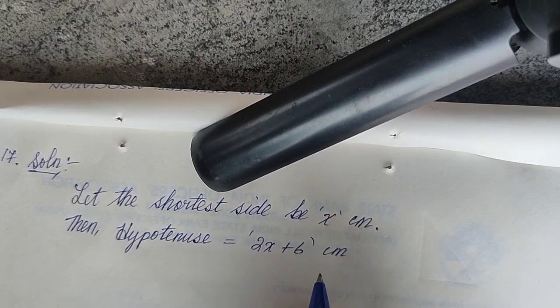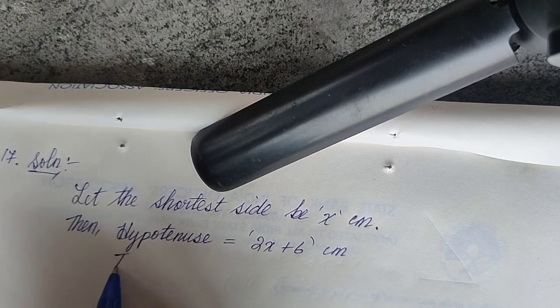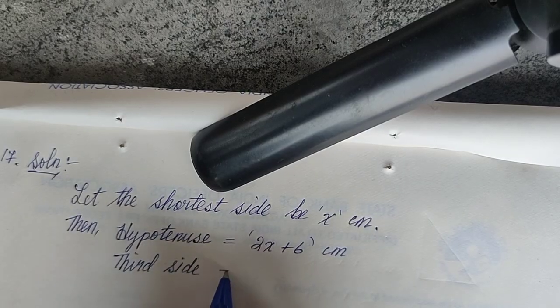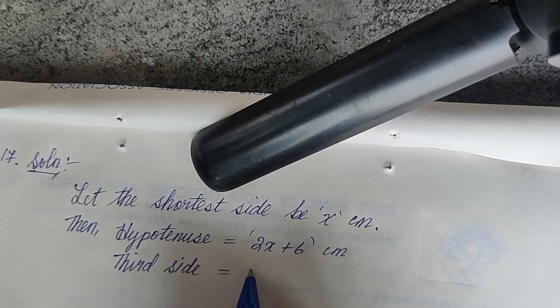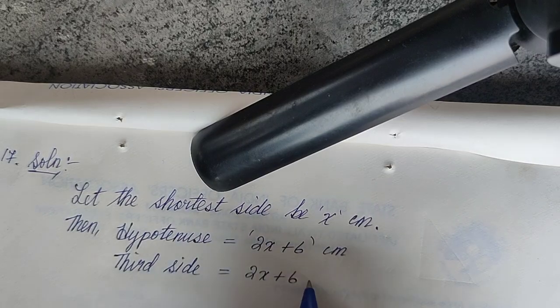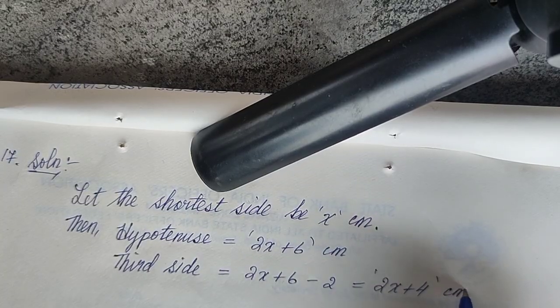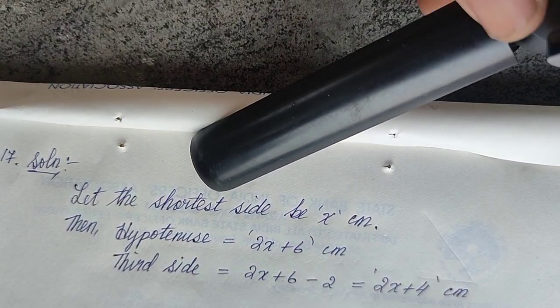The third side is 2 centimeter less than the hypotenuse, so the third side is 2x plus 4 centimeter.